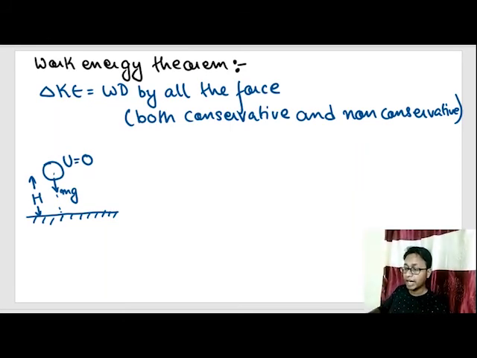We are deriving how that v square equals u square plus 2as came out. Put the initial velocity equal to 0. Now the ball is released. When the ball is released, the only force acting on it is gravity, and the ball comes down. So the work done by the gravity force is mgh.